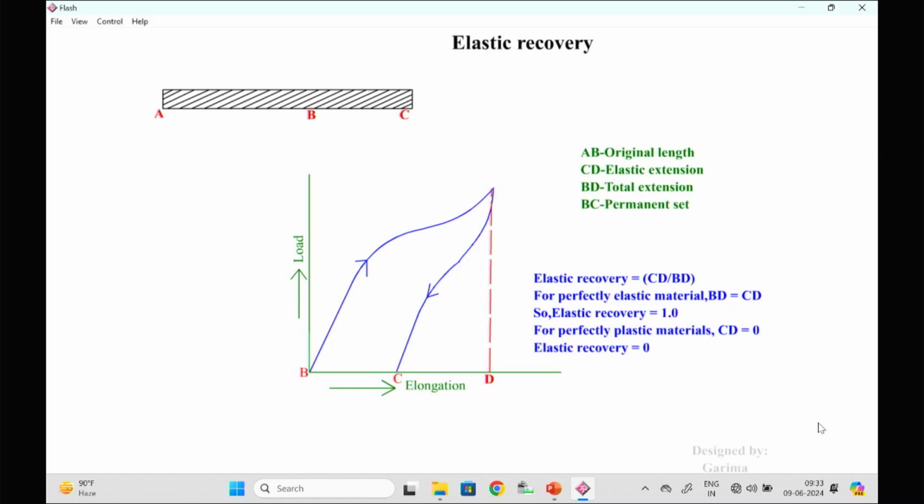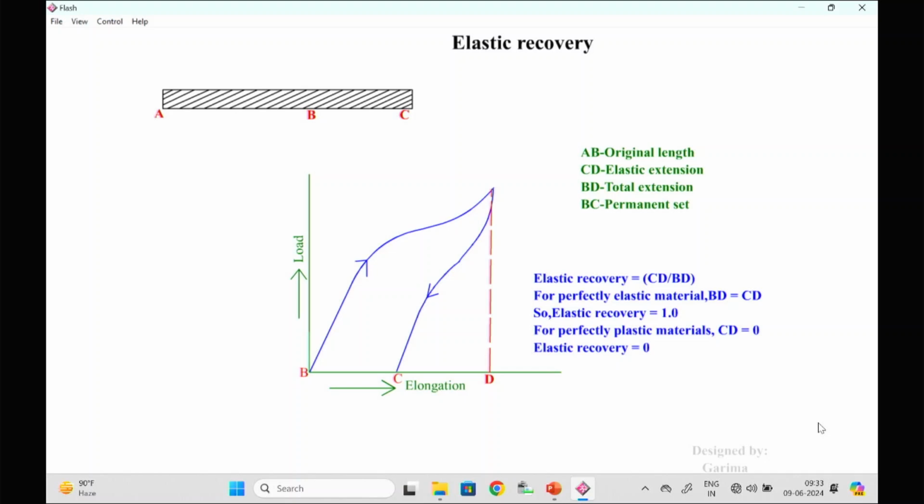That means after deformation, the material has come back not to its original position B, but it has reached the C portion, that is CD is the elastic extension which has been recovered. BD is the total extension that I have mentioned, and BC is the permanent set, that means permanent deformation.